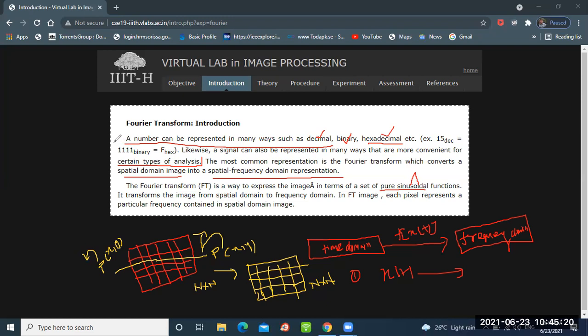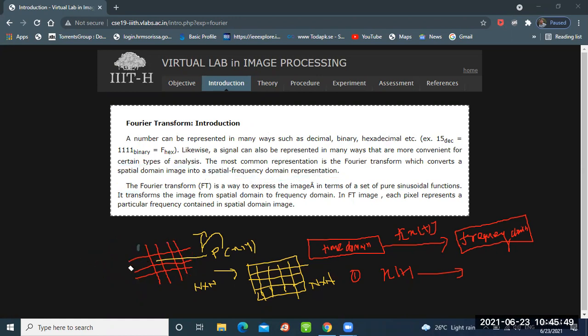That means what a Fourier transformation is, why we need to perform a transformation, and what actually happens when we perform a Fourier transformation. So I think it is clear to all of you. We'll move on. This is the introduction part for FFT, sometimes called Fourier transformation FT.